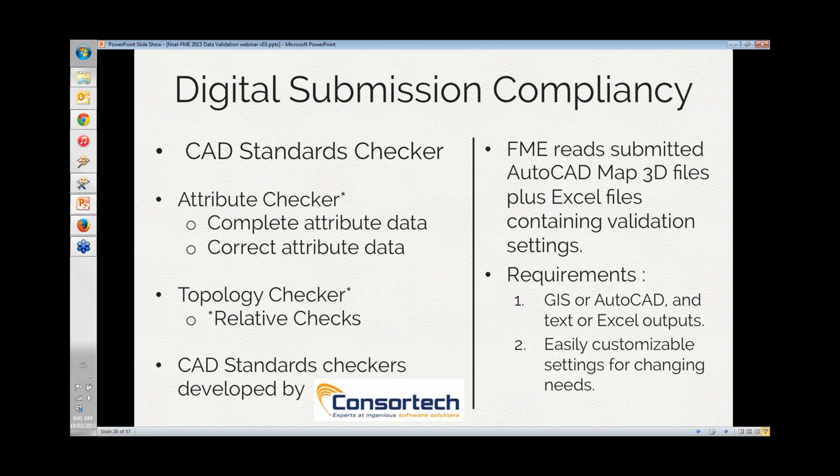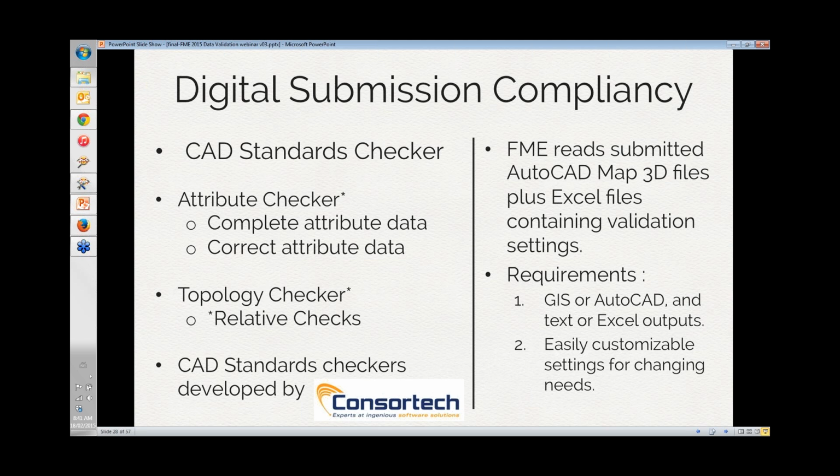I should just point out that these standard checkers were put together by one of our partners, Consort Tech in Montreal. So they worked with the City of Kitchener on this workflow. And so what they're doing here is FME reads the submitted 3D AutoCAD 3D map plus the Excel files which contain their rules.